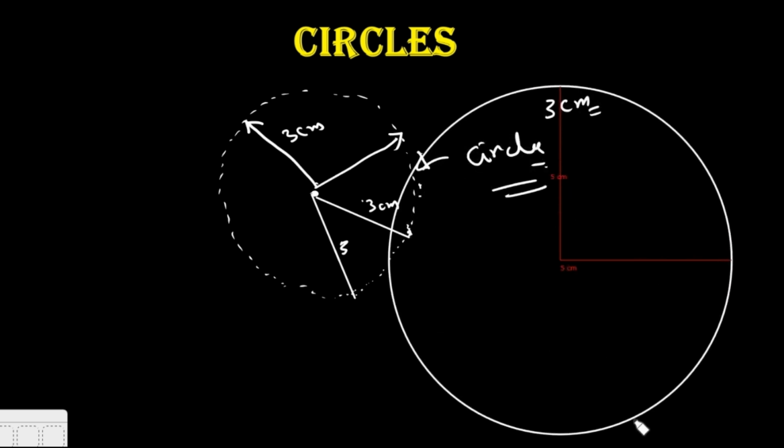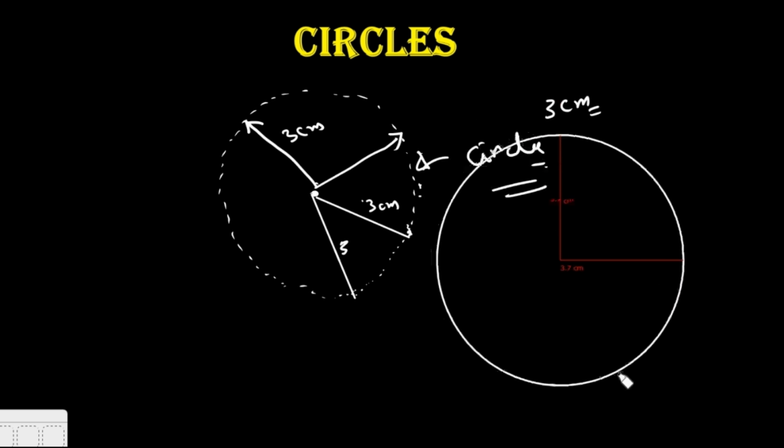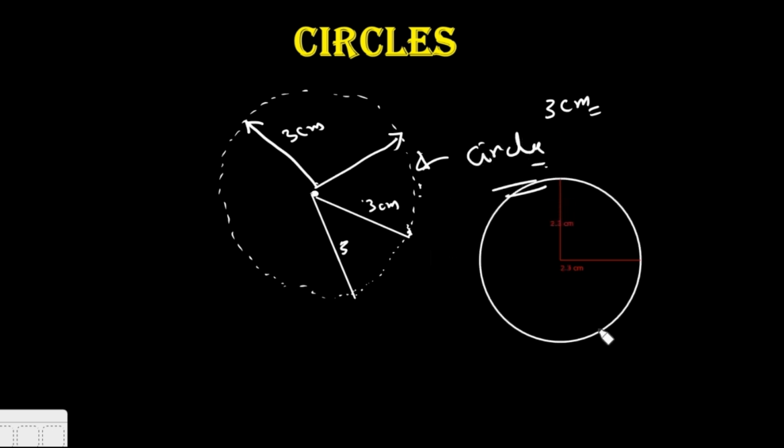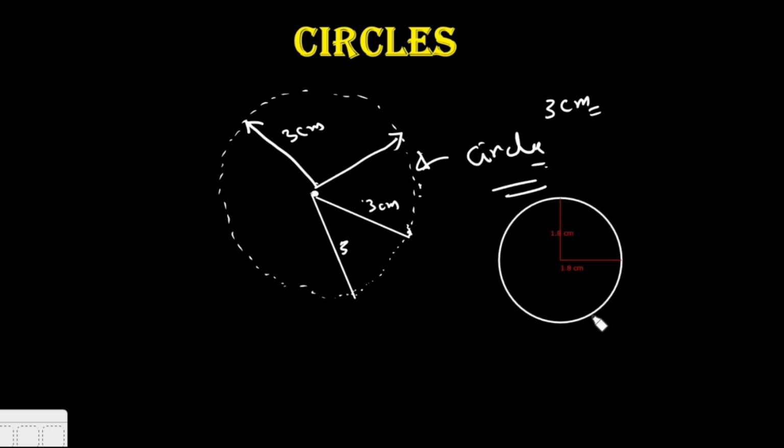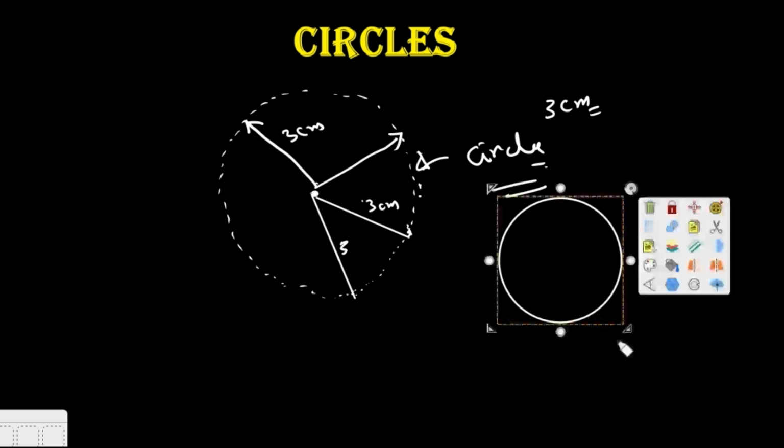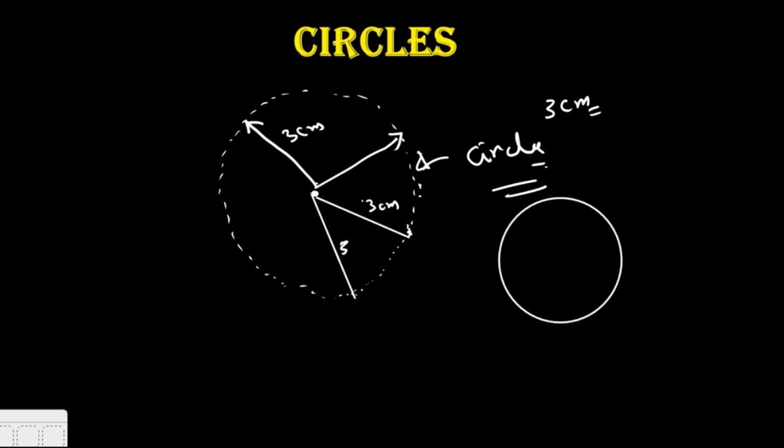This circle has 5 centimeters, this circle has 3.6 centimeters, and this circle has 1.8 centimeters. That fixed distance from the fixed point we call the radius of the circle. In this circle, this 3 centimeters is the radius of the circle. So it's clear, right?